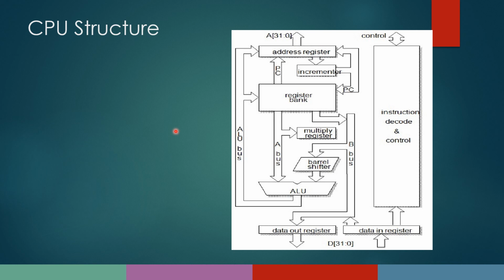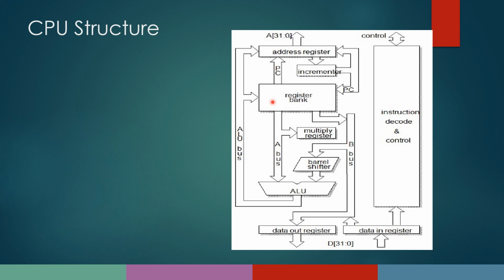Initially we have told in the features that it has a load and store architecture. So what do we mean by load? By load we mean that the instruction is going to copy the data from the memory to the register. And store means that the instruction is going to copy the data from the register back to the memory.